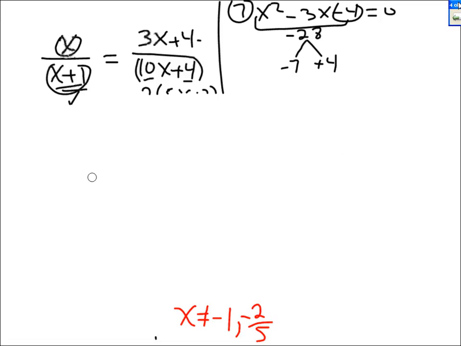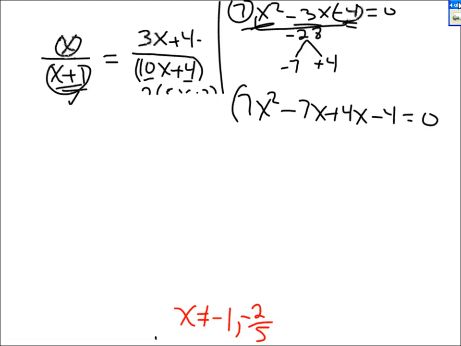So let's continue with factoring by grouping. The 7x squared doesn't change on top. But the minus 3x, we're going to write it down this way. And the minus 4 doesn't change. Remember the first two and the last two. And by design, we made sure the middle was plus.